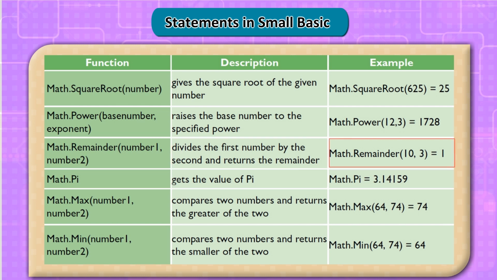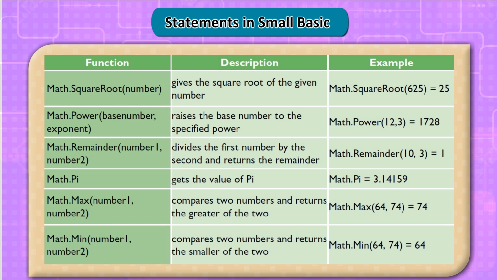Math.Remainder(10, 3) equals 1. Math.Pi gets the value of pi. Math.Pi equals 3.14159. Math.Max(number1, number2) compares two numbers and returns the greater of the two.